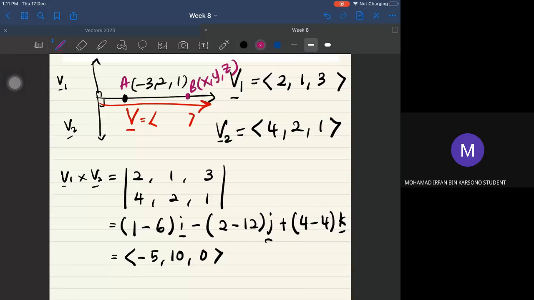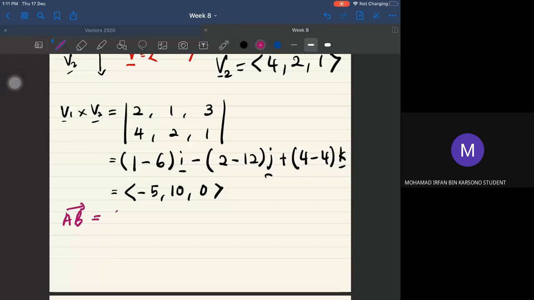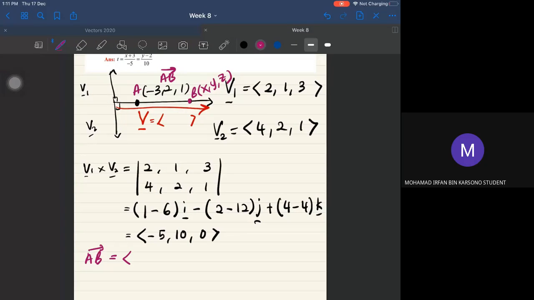Okay, so you need to find a vector AB. Okay, so vector AB is equals to x plus 3, y minus 2, z minus 1.